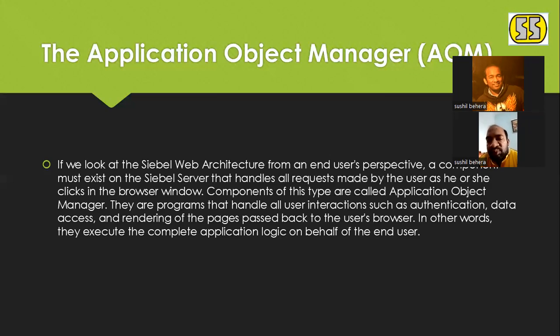Once the home page is built, the application object manager knows what the user is supposed to see, and gives that response to the browser so that the user is able to see the home page. That is what the application object manager does.